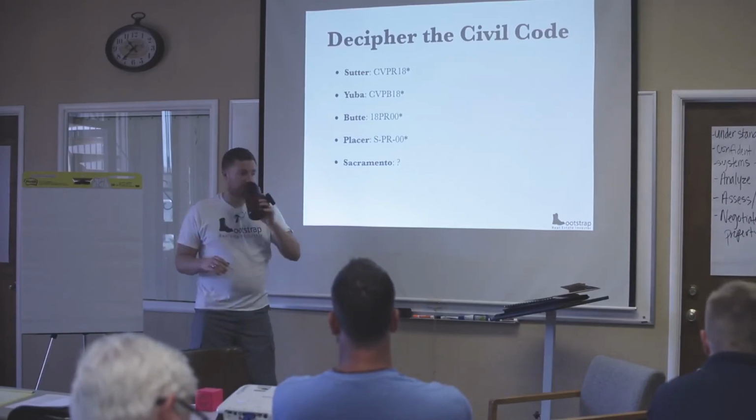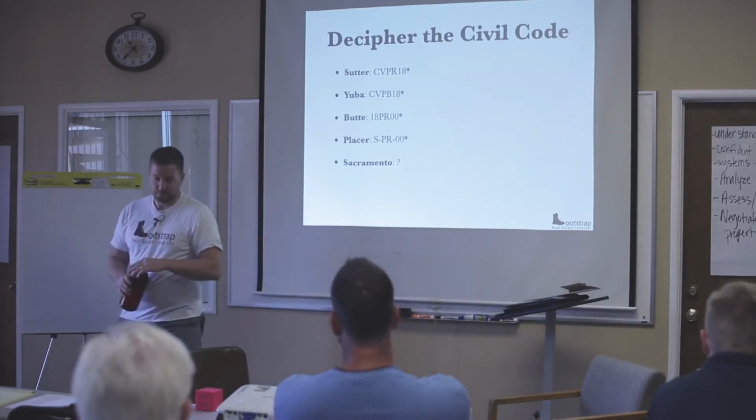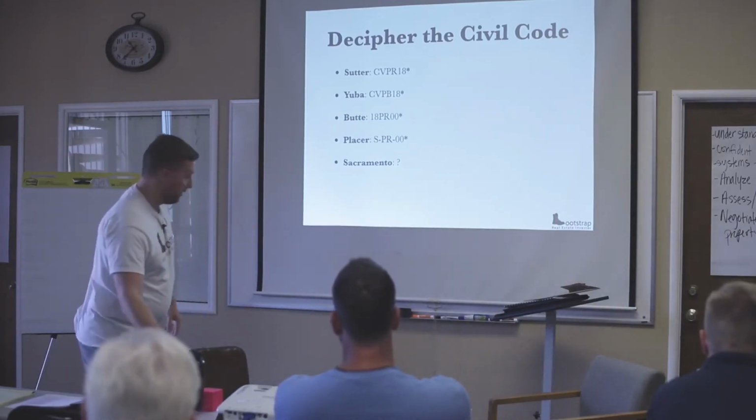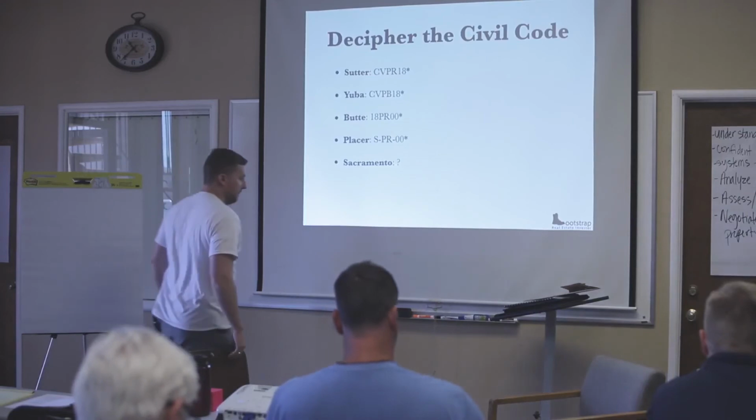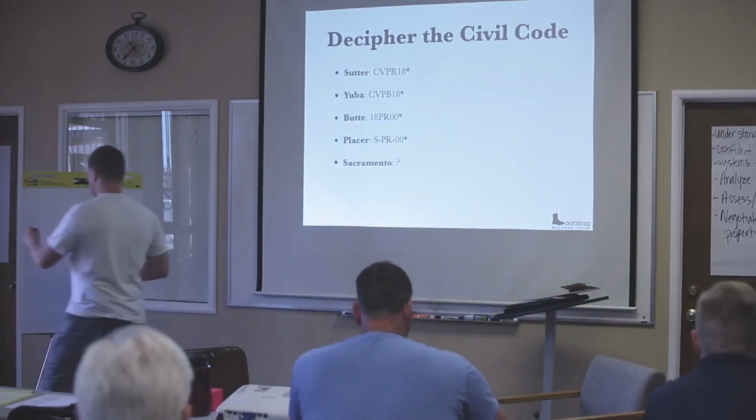So let me throw that up here. You said petition first? Let me throw this up here. I wasn't planning on diving really deep into probate, but I'll do this.